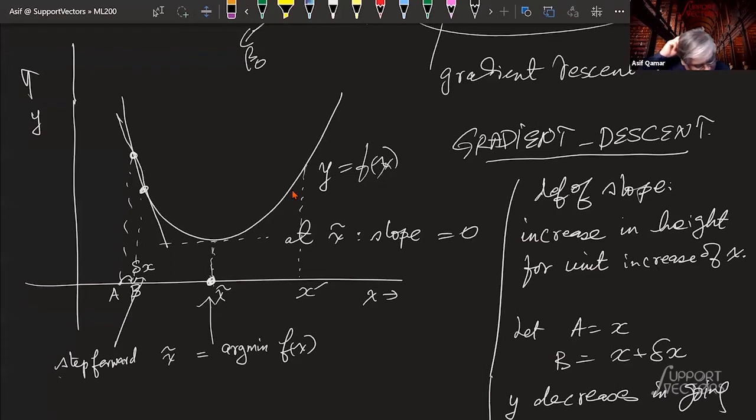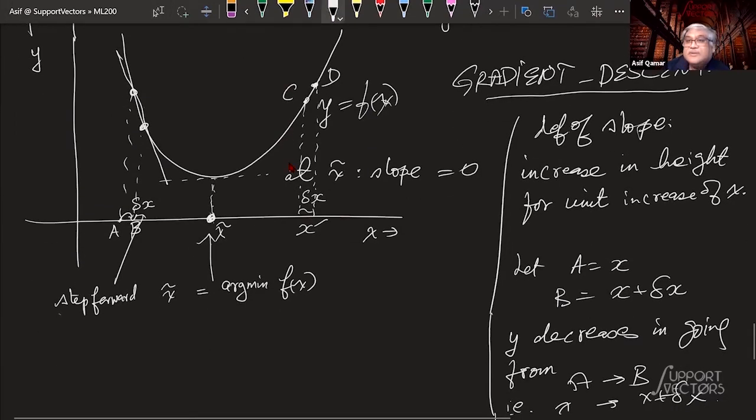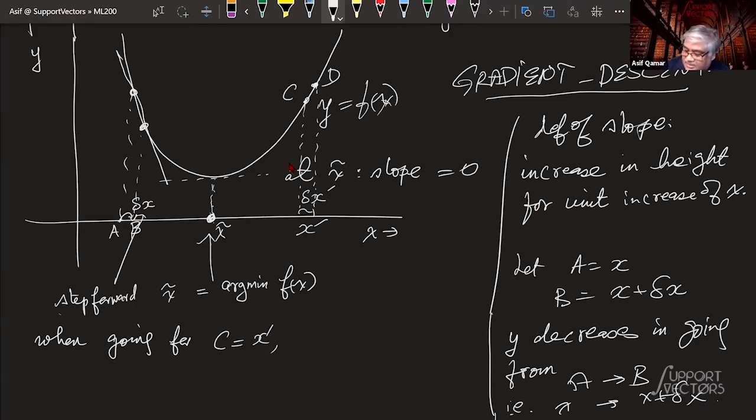At x prime, if I go a unit distance forward, delta x forward, I go from C, which is x prime, to D, which is x prime plus delta x.